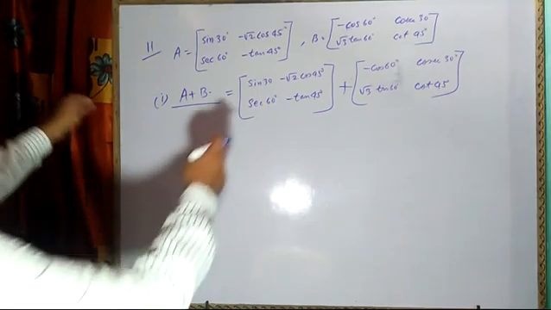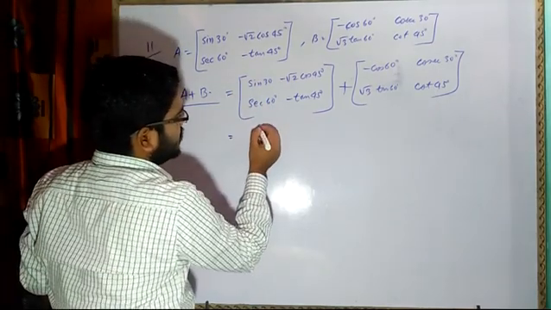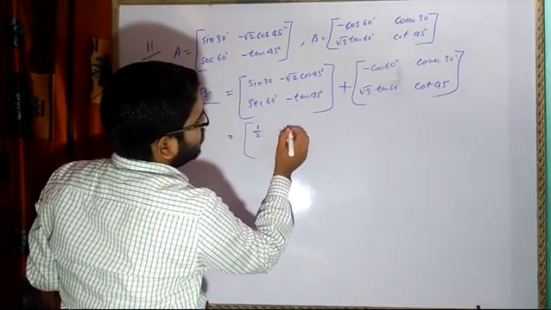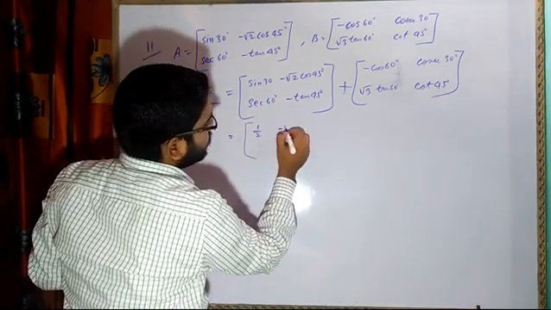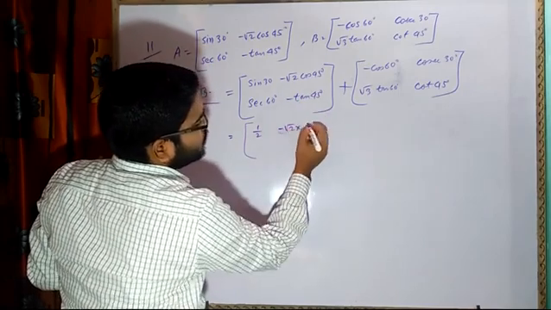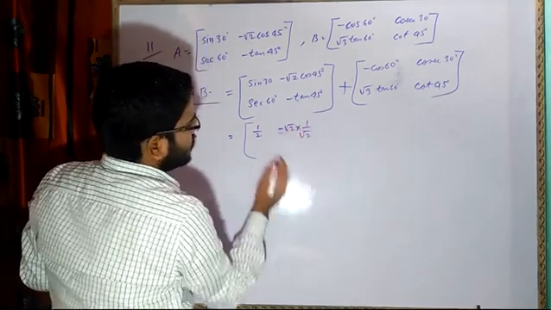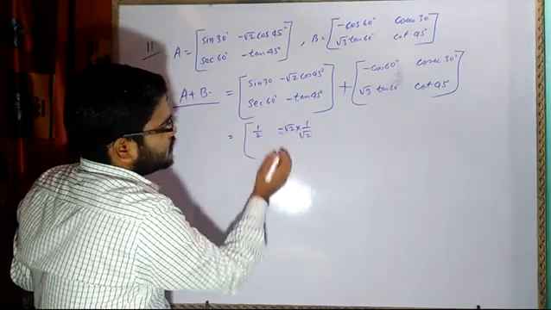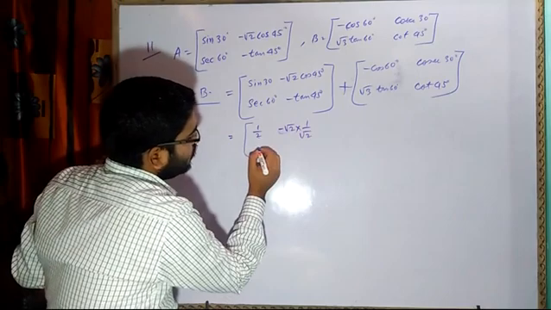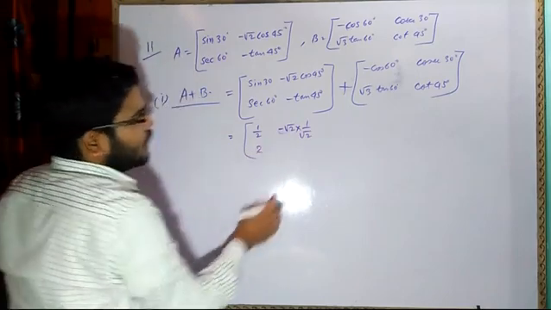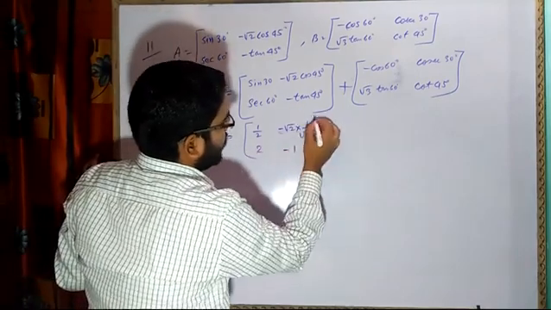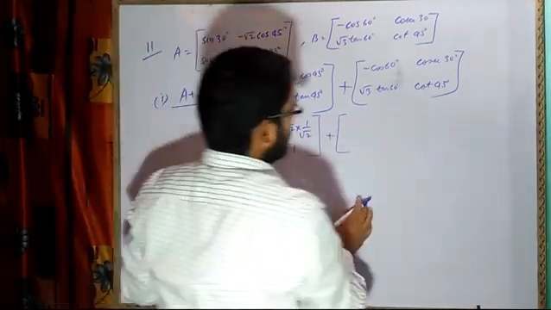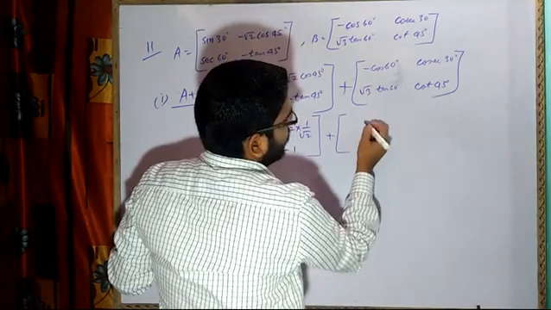So all of you know the value of sine 30 in trigonometry. It is 1 by 2. Then minus root 2 multiplied with cos 45, which is 1 by root 2. Sec 60 means just the opposite of cos 60. Now sec 60 is how much? It will be 2. Then we have minus tan 45, which means 1. Then plus here. Cos 60 is how much?